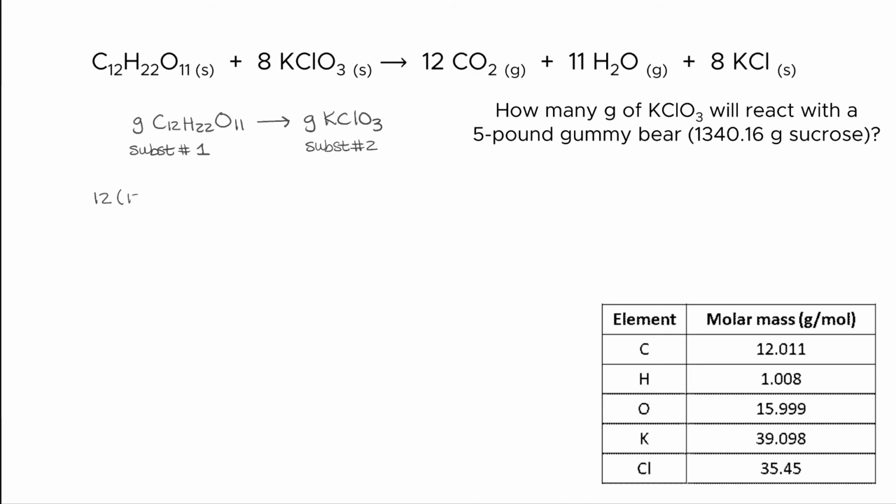For sucrose, we have 12 times 12.011 plus 22 times 1.008 plus 11 times 15.999. Rounded to 3 decimal places gives us 342.297 grams per mole.